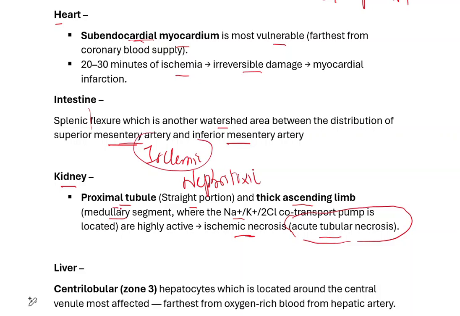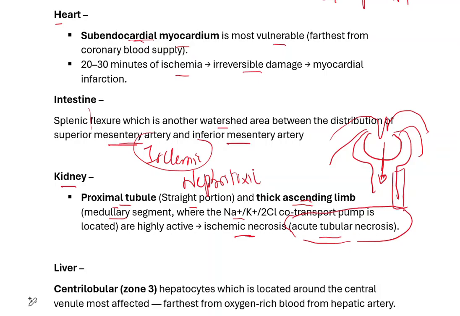But if this is nephrotoxic, once those toxins are being filtered into the kidney, which part of the nephron are they going to get to first? Yes, the proximal tubule. So if the cause of this acute tubular necrosis is due to nephrotoxic agents, then the area in the nephron that will be affected most will be the what?